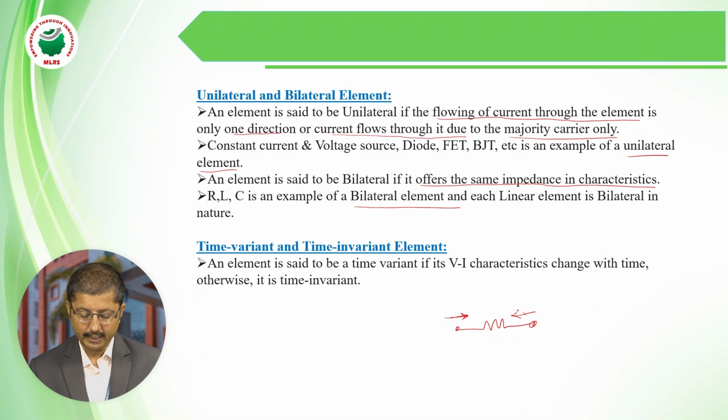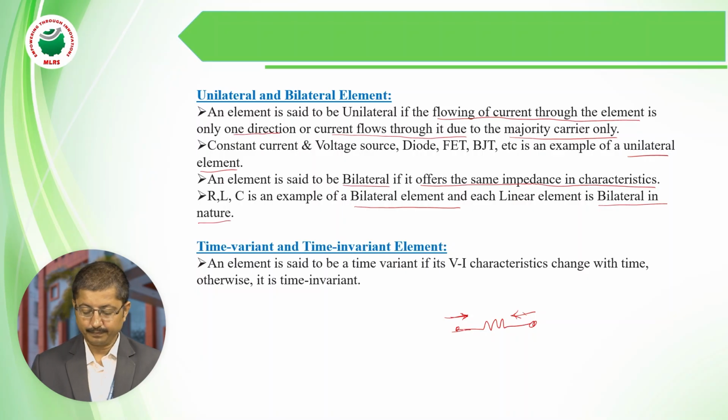For example, in a resistor the current may enter at this port, or the current may enter here. So in both directions the current can enter, and then we can say that it is a bilateral network. Resistor, inductor and capacitor are the best examples of bilateral elements, and each linear element is bilateral in nature. So that is a point.